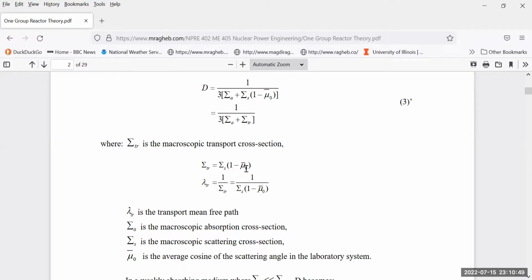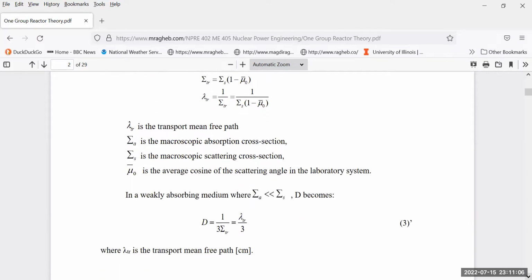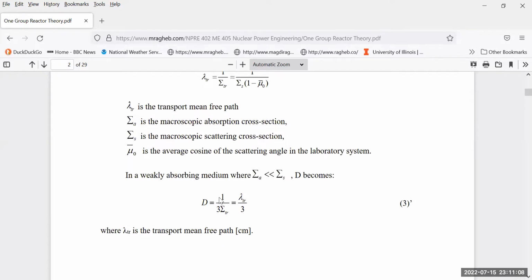And μ₀ has a very simple expression from collision theory, the mechanics of the interaction of neutrons with materials. It's 2 divided by 3A, where capital A is the mass number of the isotope that we are considering. In that case, the modification of the diffusion coefficient is that it is 1/3 the transport mean free path, where the transport mean free path is equal to 1 over the macroscopic transport cross section.